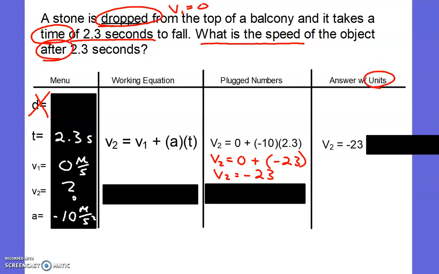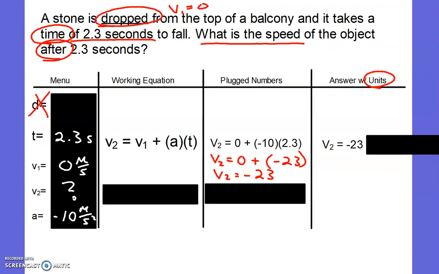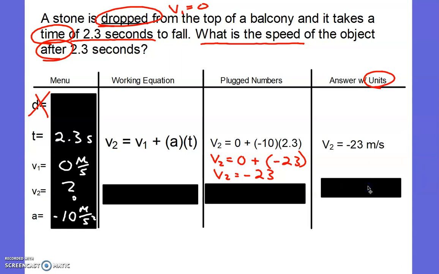I was solving for a V, so if I look here, a V is in meters per second. So my second velocity is -23 meters per second. The negative simply means that it's going down.